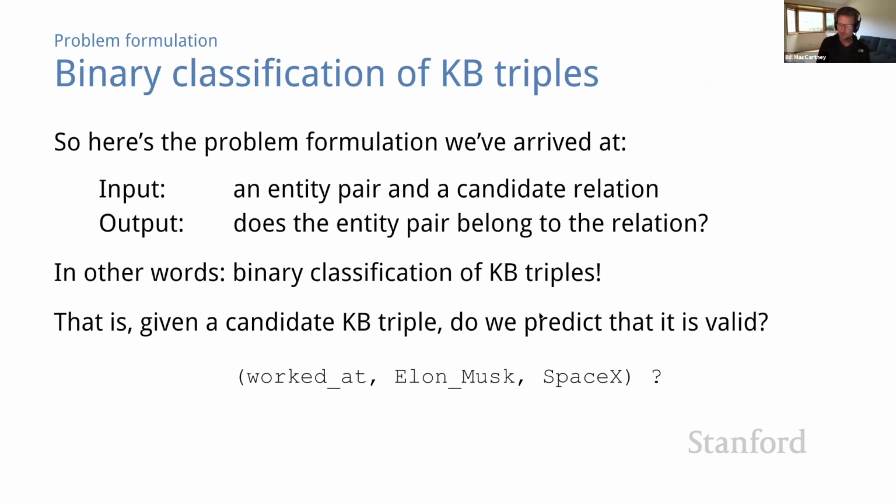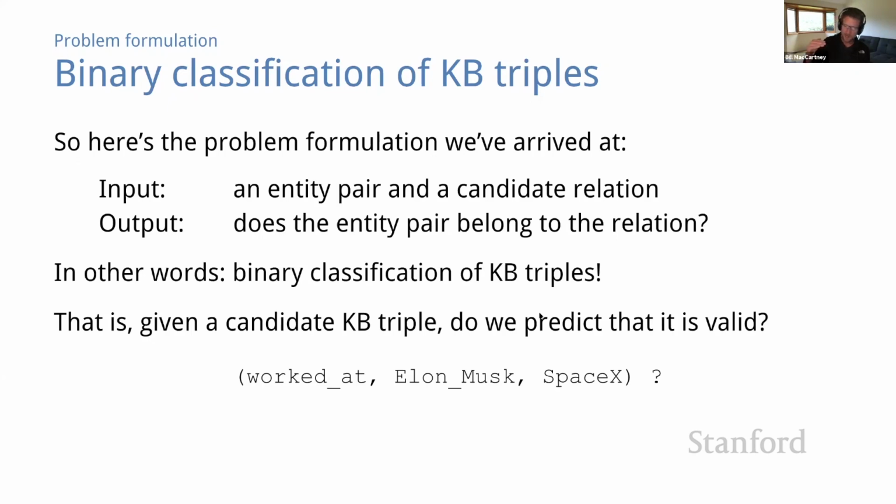Since a KB triple is precisely a relation and a pair of entities, we could say equivalently that our prediction problem amounts to binary classification of KB triples. Given a candidate KB triple like (worked_at, Elon Musk, SpaceX), do we predict that it's valid? This is really nice because it's a very simple way of thinking about what problem we're taking on.